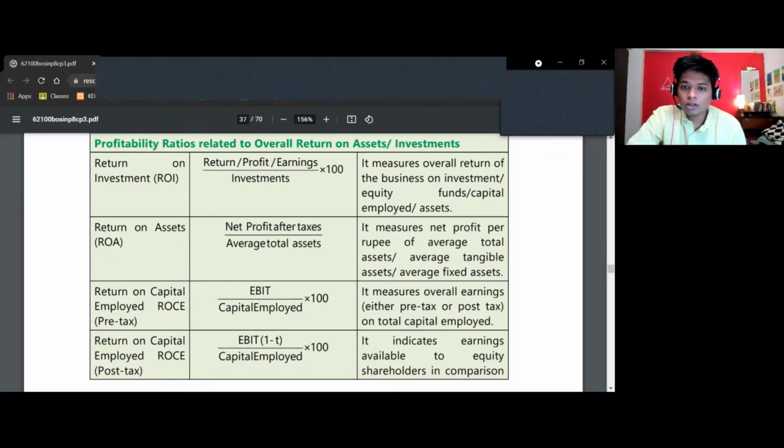But return on capital employed is different. If I don't take EBIT, then the capital employed will be very skewed.